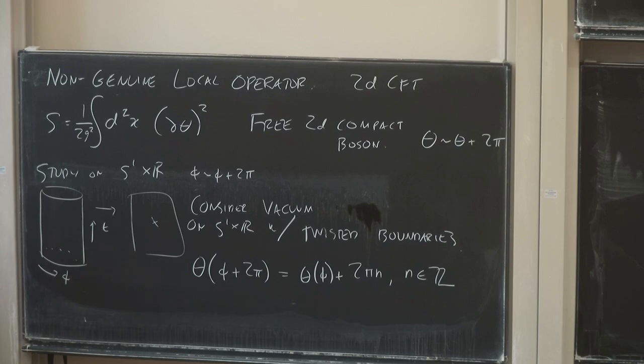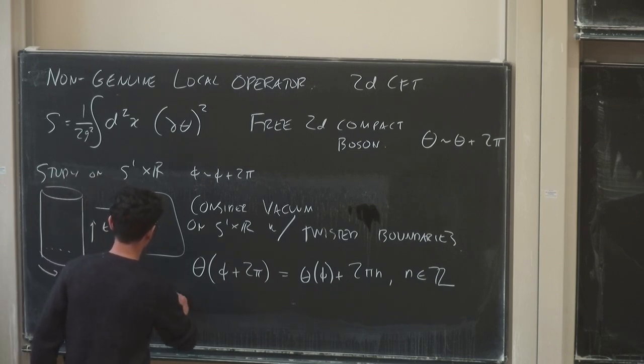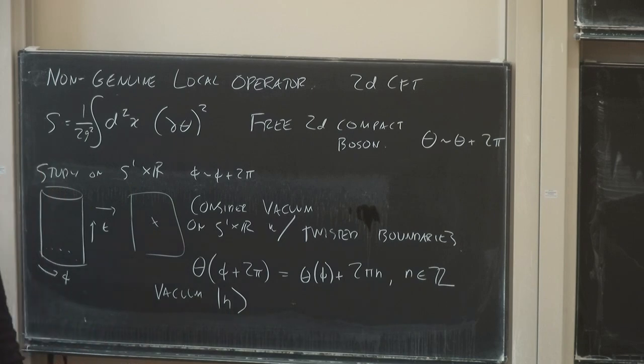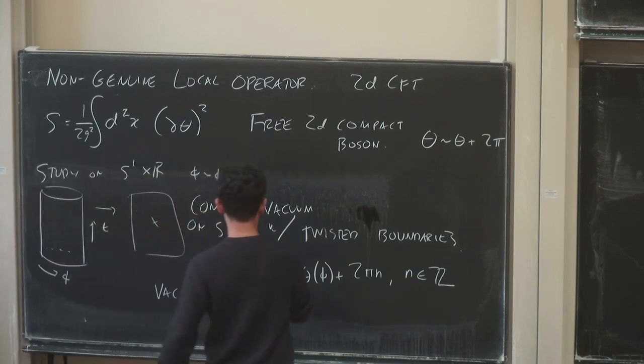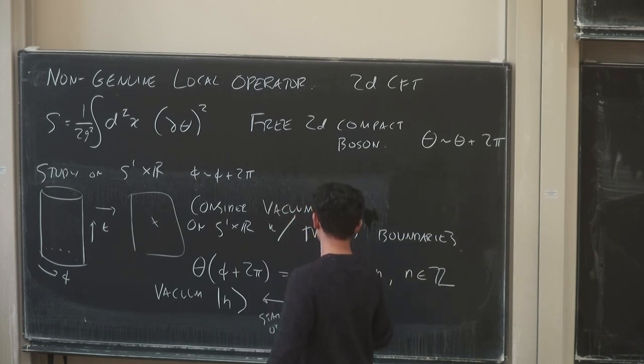So the vacuum with these boundary conditions defines a state which I'm going to call n. Now, given this vacuum state, I can do the state operator correspondence to get some operator on the plane.